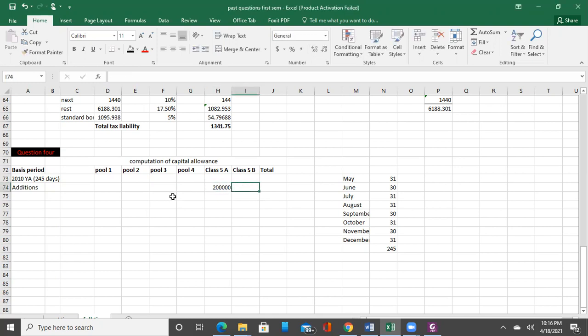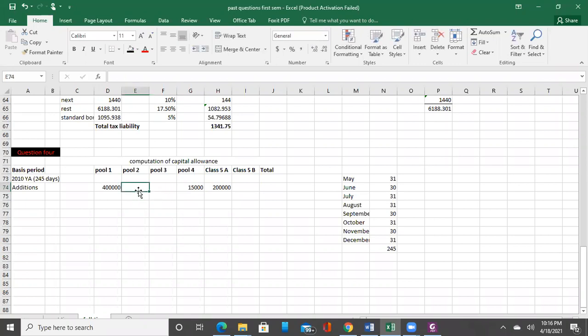Then computer software, that is pool 1, it costs 400,000. Then you have office equipment, 15,000, which is pool 4. Put it there.